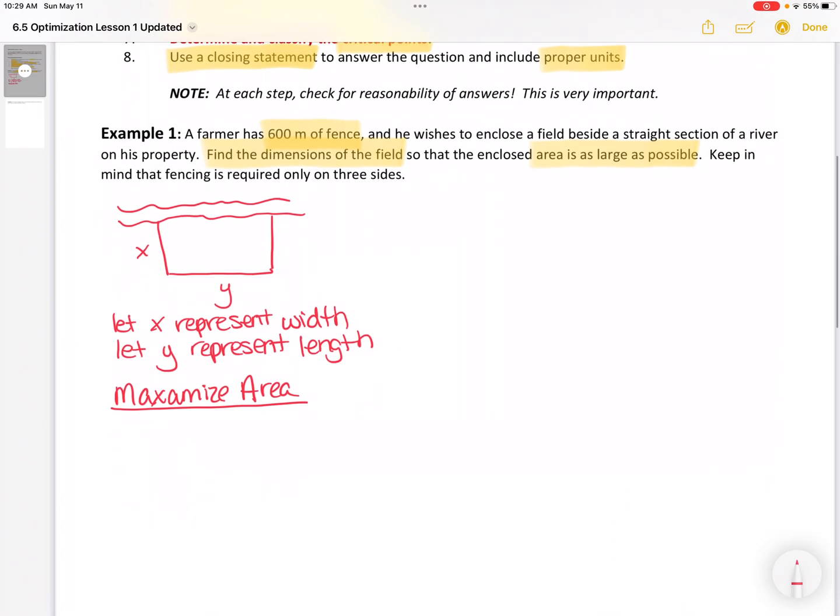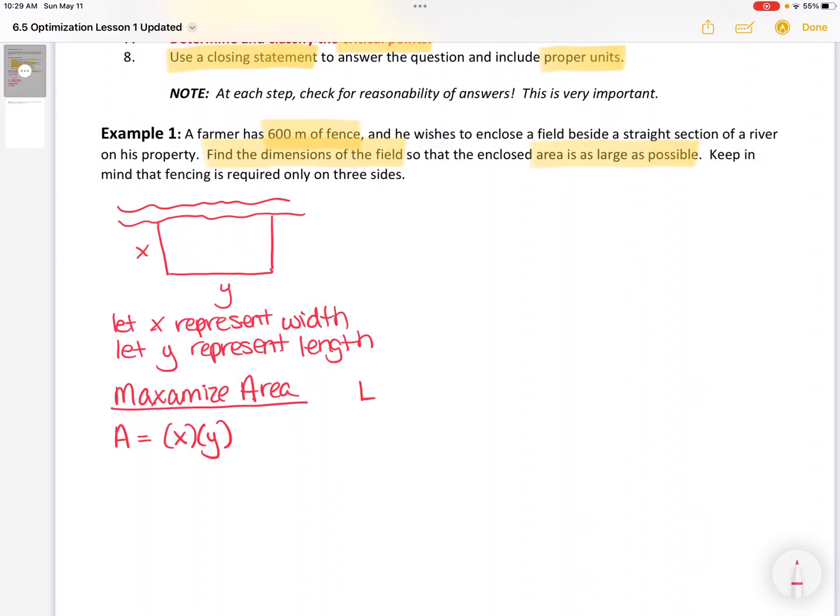I'm writing that down because that's the expression that I want to use to find my max and mins. So I'm going to write area as equal to X times Y, based on my diagram and my variables. Again, this will be my expression that I work with.